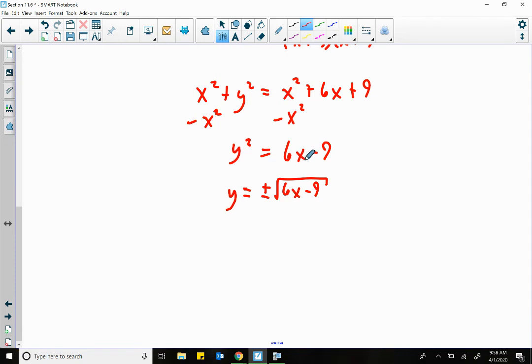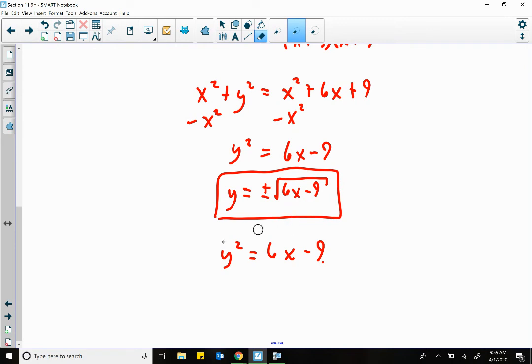Or what you could have done is gotten the x part by itself. So equations of parabolas that are on their side, sideways, they open up looking like C's or backward C's. If we get the x by itself, so this answer works. But if I take this, y squared equal to 6x minus 9, and I get this x by itself, add 9 to both sides.